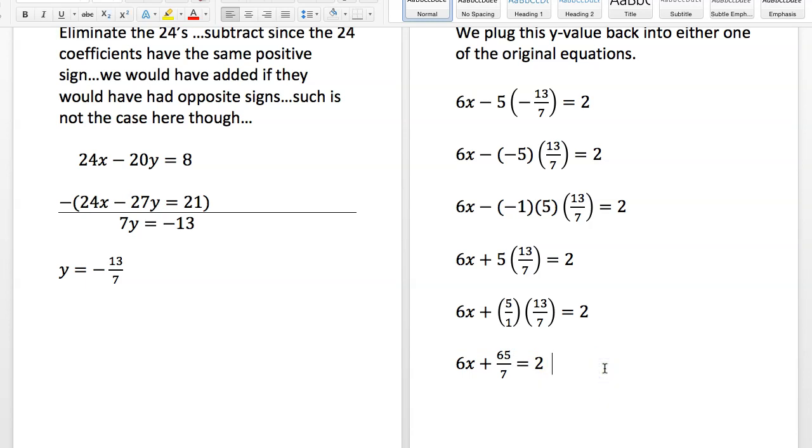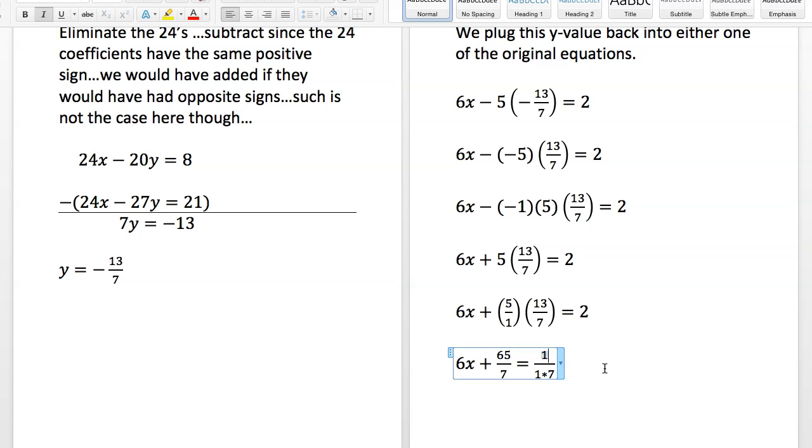Now, yeah, that's good. And would you forgive me if I go ahead and do something? 2 is cool. 2 is neat and nifty and correct and nice. But would you guys allow me to do something already? I know I'm going to subtract both sides in a minute. And I know that I'll need 2 to be, 2 can be thought of, multiply top and bottom by 7 here, right?